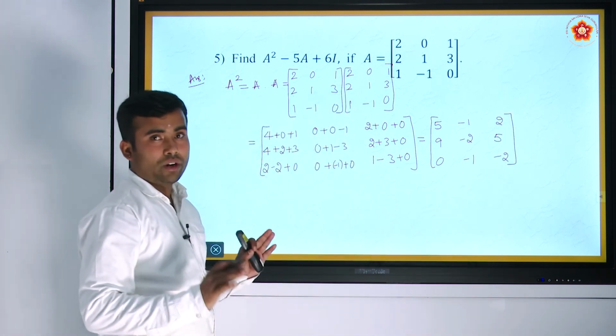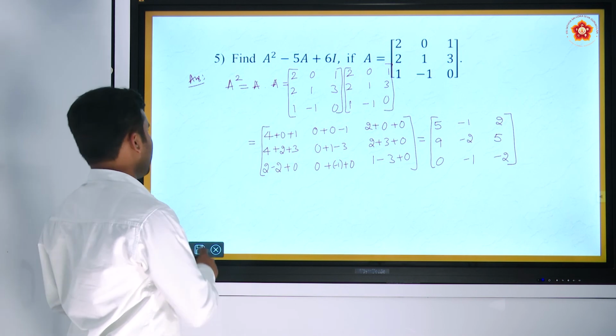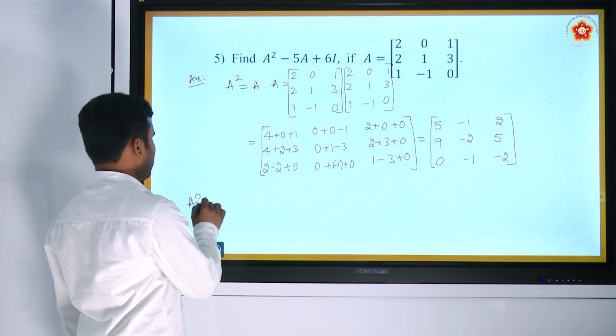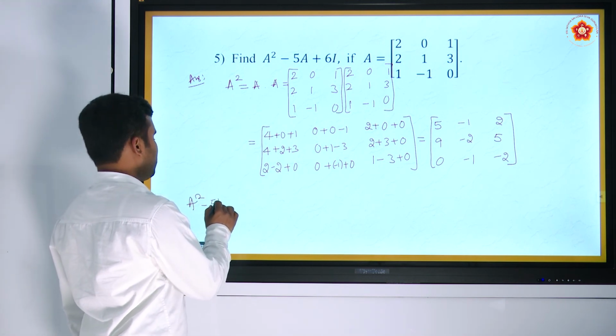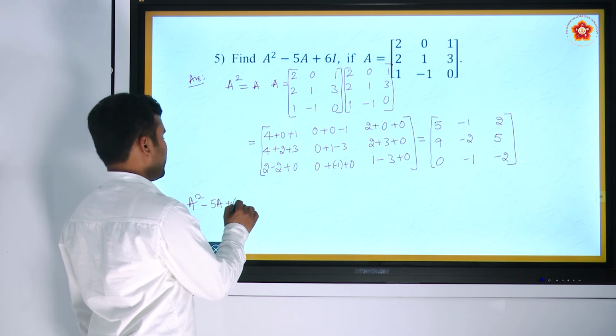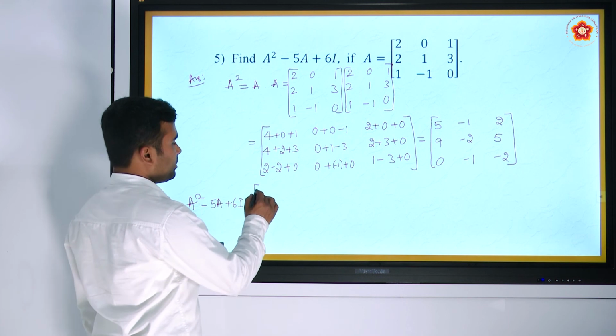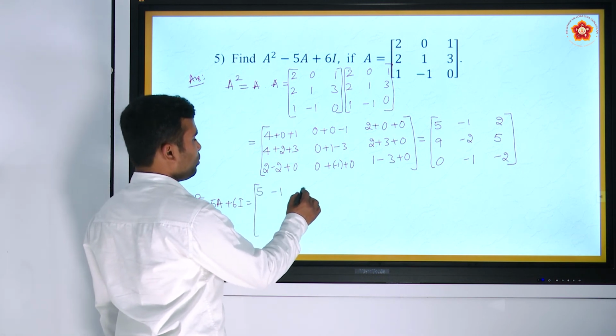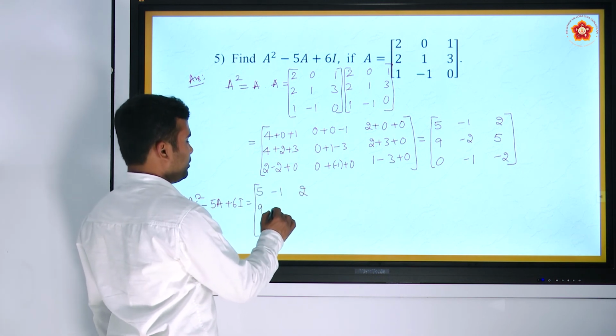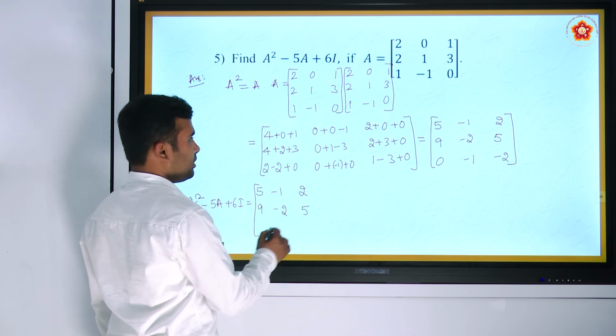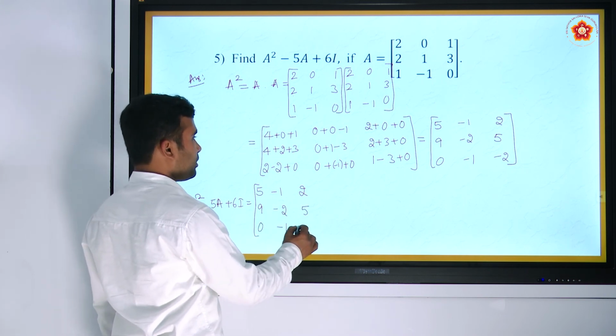Now we got A square. Now let us find A square minus 5 times A plus 6I. A square is [5, -1, 2; 9, -2, 5; 0, -1, -2].